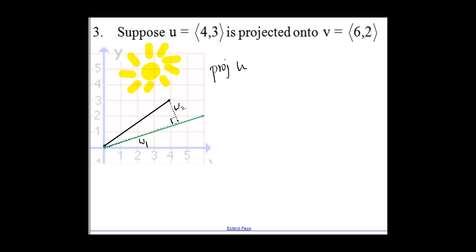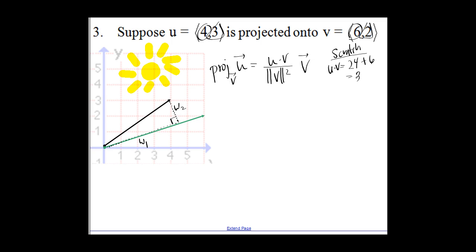So the projection of u onto v is equal to u dot v, so a number, all divided by the magnitude of v squared times vector v. So a little bit of scratch work. Let's see, u dot v is equal to 24 plus 6.